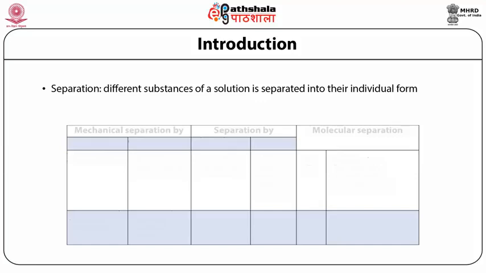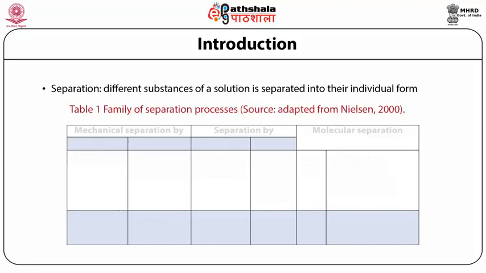As shown in table 1, table 1 is showing family of different separation processes, and here we can see that in the left corner, the first is the mechanical separation by gravity. Under this, two types of separation are coming: sedimentation, so the sediment is taking place at the bottom, and another is the flotation.